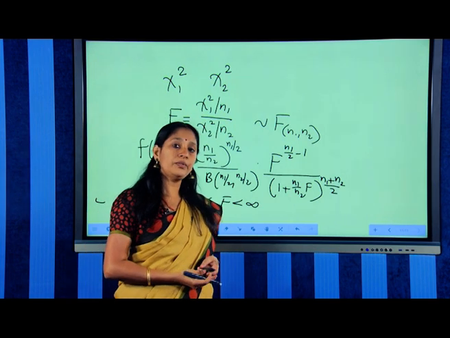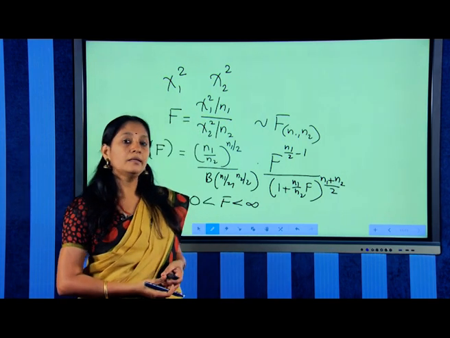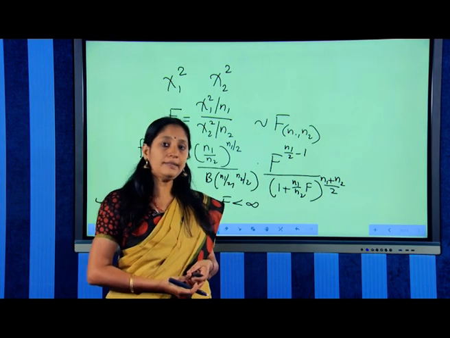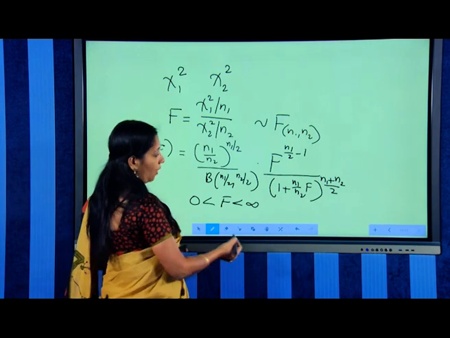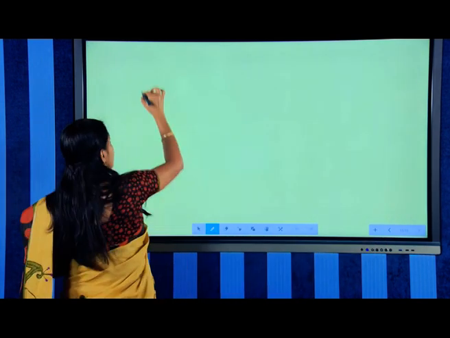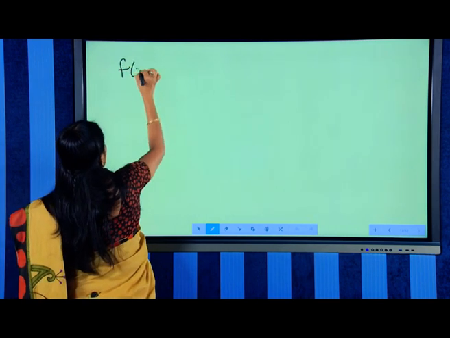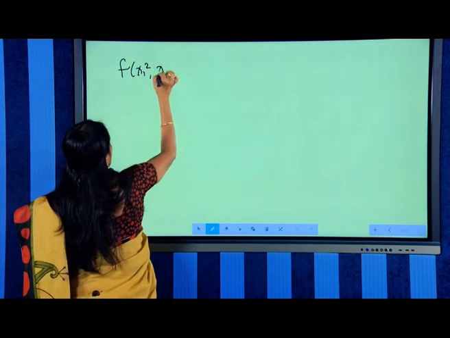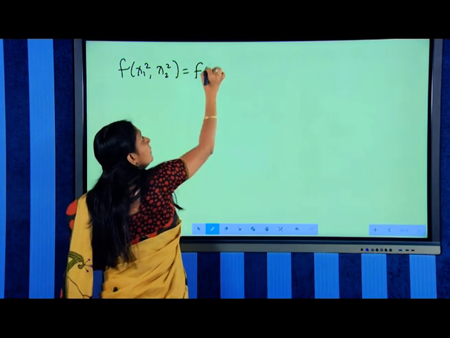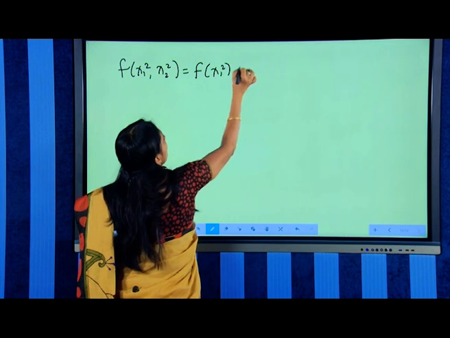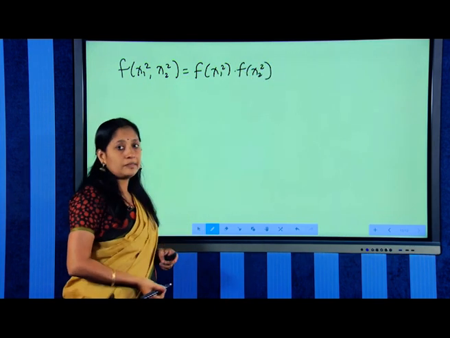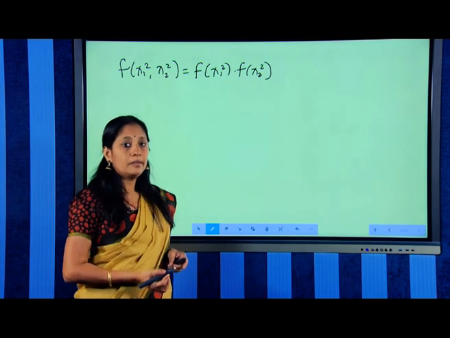Derivation of the f distribution can also be done using a suitable transformation. We can consider the joint density of chi1 square and chi2 square, and it is f of chi1 square comma chi2 square is equal to f of chi1 square into f of chi2 square, since these two are independent observations.